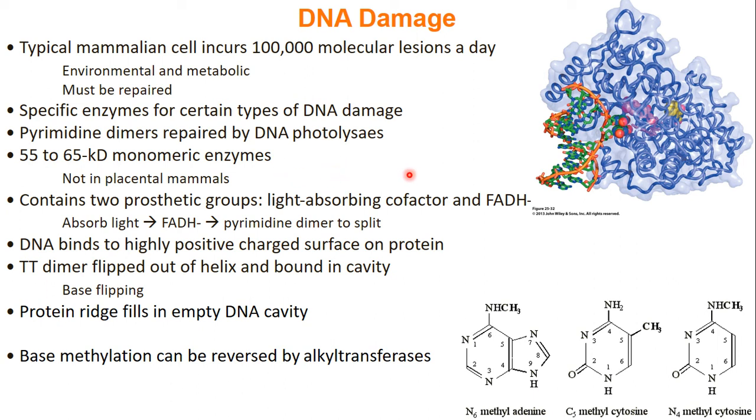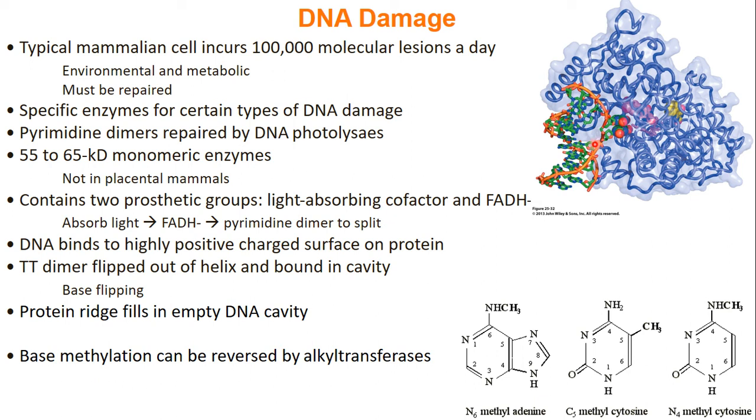You have a cofactor that will absorb light, and you have FADH. And the idea is this protein absorbs light by that light absorbing cofactor, gives that energy to FADH. Then FADH can cause the thymine dimer to split, and that's how we can repair that thymine dimer.